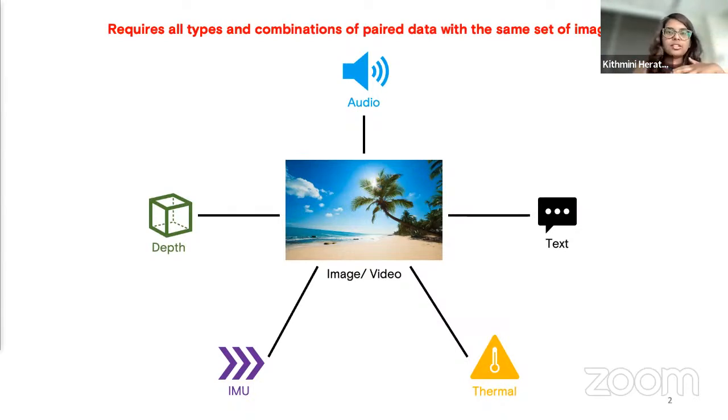This is a problem because it's quite infeasible to have an image with corresponding pairs across all of these other five data types.